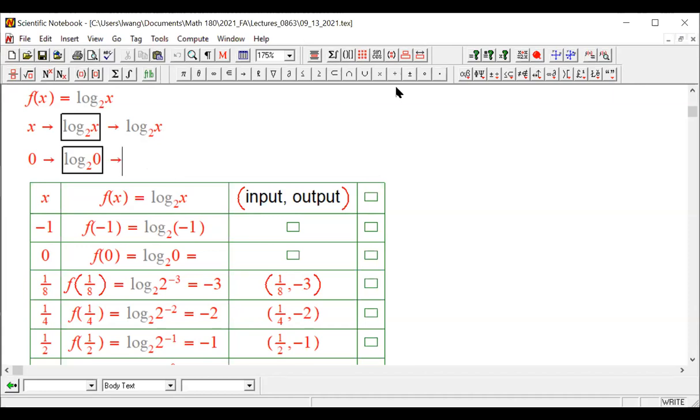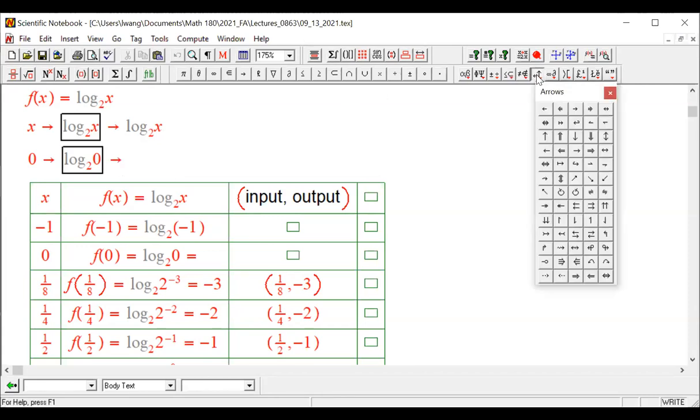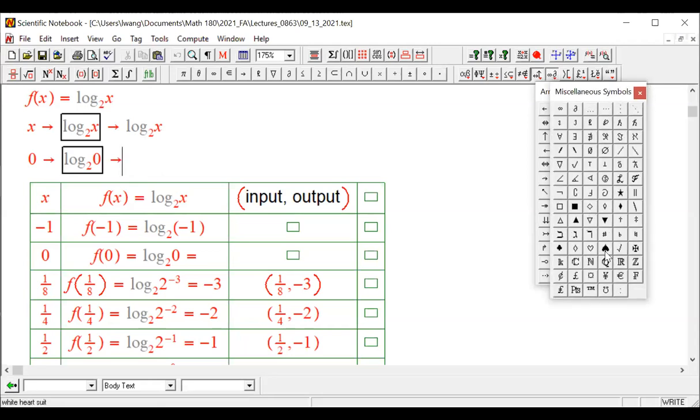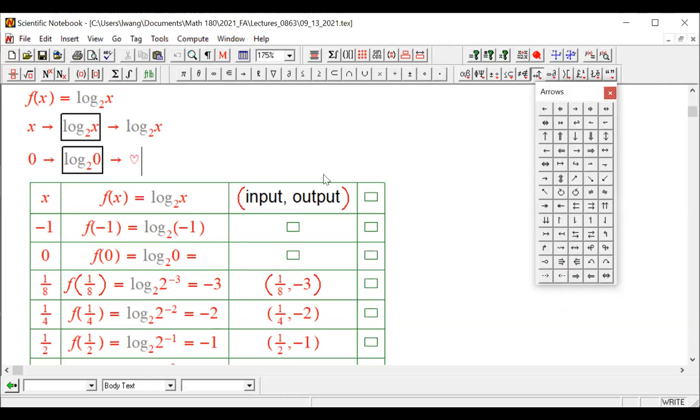If that output exists, suppose it's called heart. No, not heart. What name should it be?